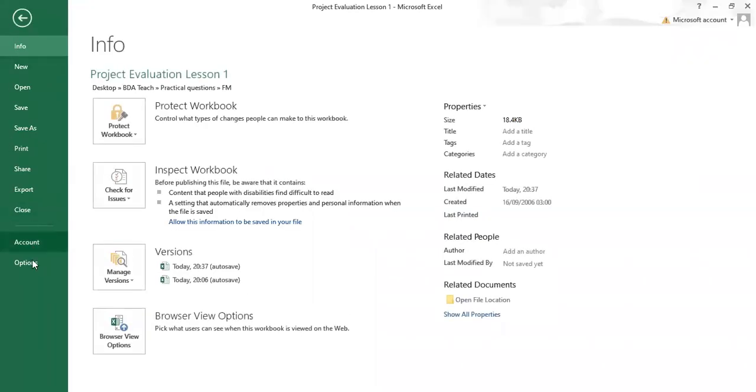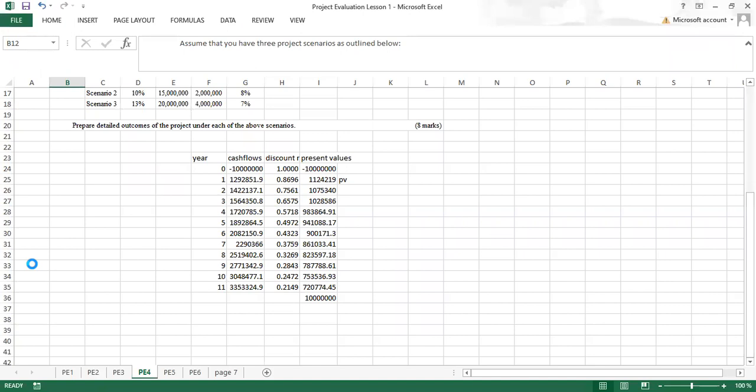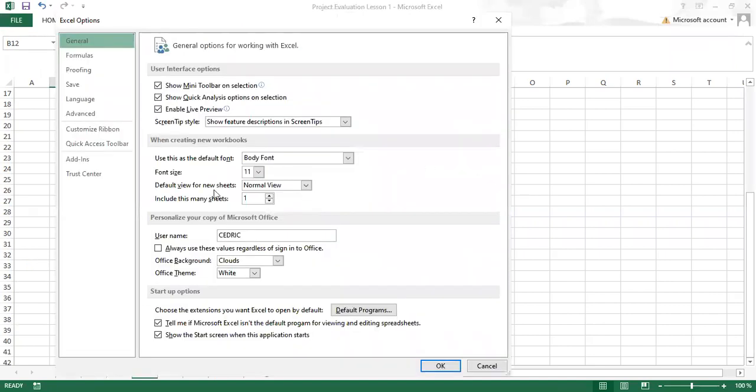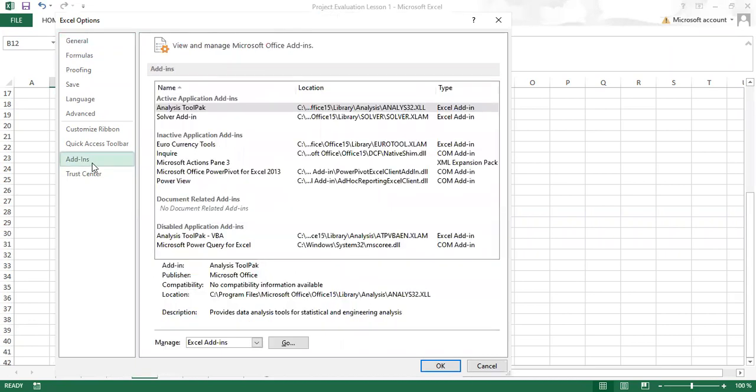You come to file, you come to options. Under options, we come to add-ins. Under add-ins here, you see there are many add-ins. You can use the drop down list to see disabled items. But no, we come to Excel add-ins. You click on go.